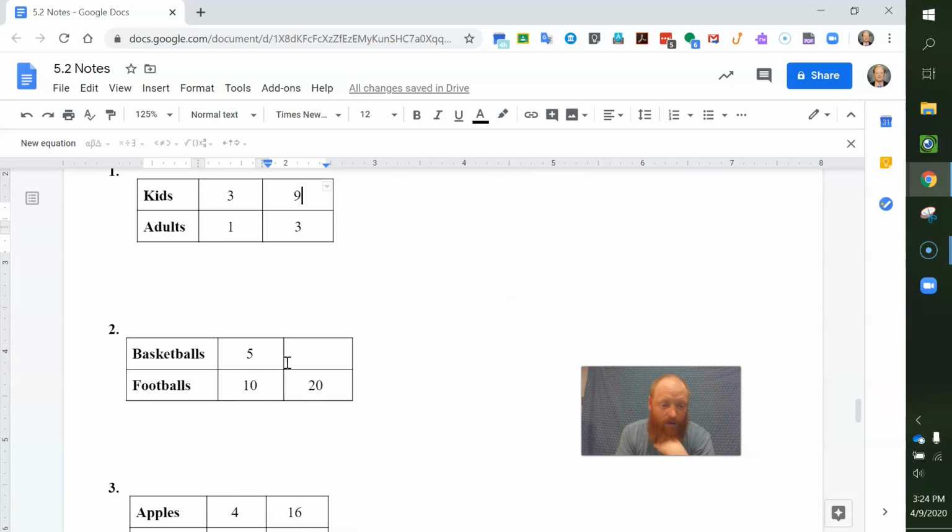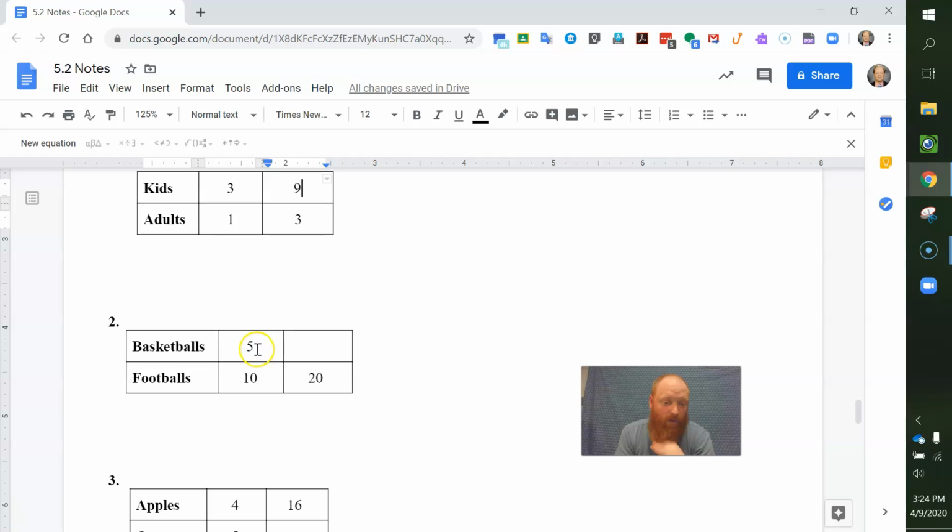All right, question 2, basketballs. For every 5 basketballs, we have 10 footballs. Well, the multiplicative relationship between 5 and 10 is times 2. So we also go over to here and we say now we have 20 footballs, so to keep the same ratio, we have to multiply 10 times 2 to get 20.